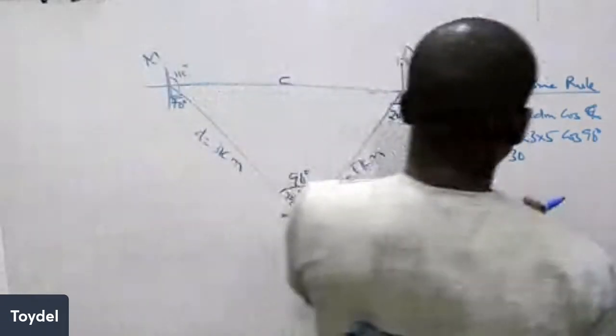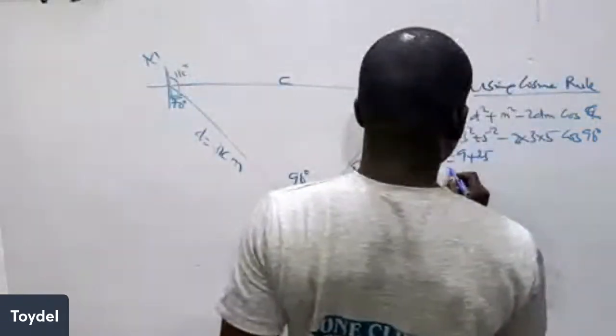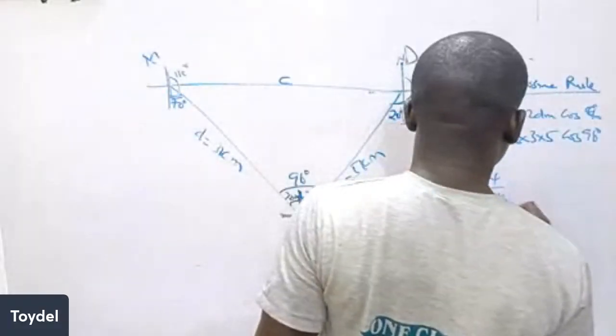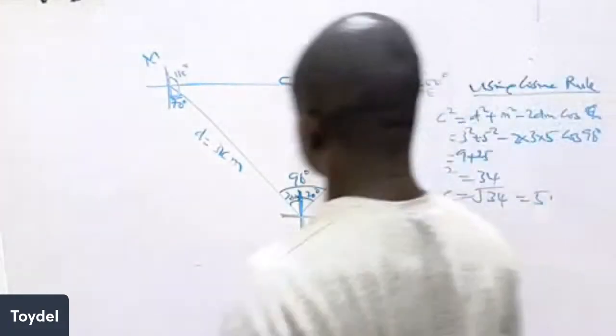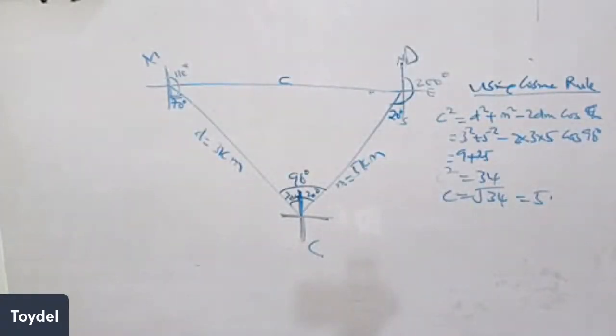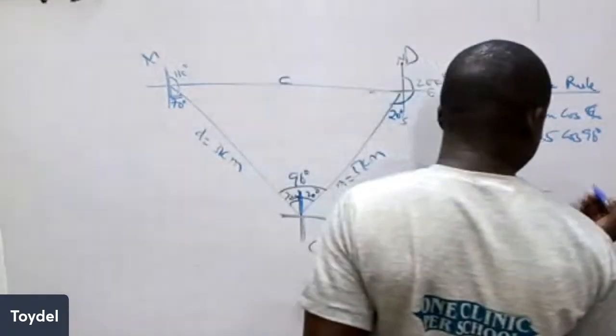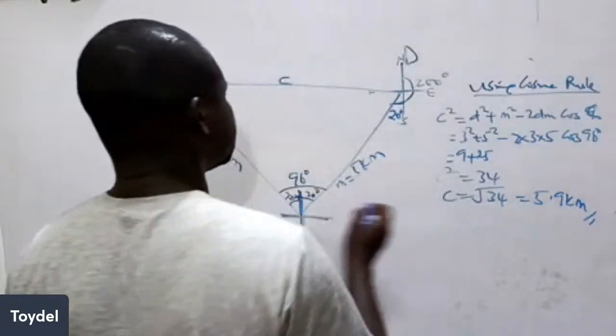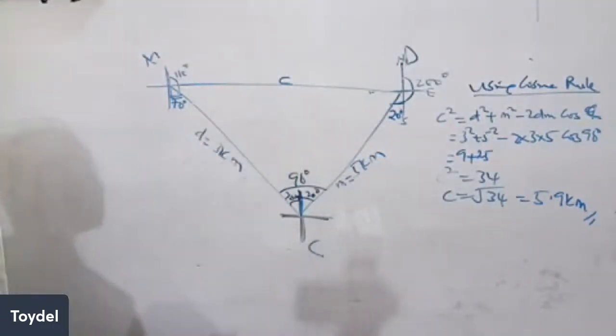So here I'm going to have 9 plus 25 minus 2 times 3 times 5, 15, this is 30, times cos 90. So c squared is equal to 34. So c is square root of 34, and that will be approximately 5 point something, let's say 5.9 kilometers. That will be the distance between the farms.